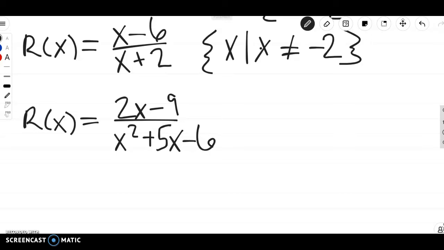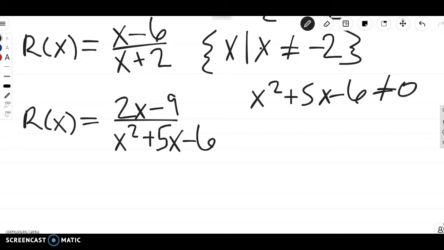If I have this rational expression and I want to find the domain, I would take our denominator, x squared plus 5x minus 6, and set it not equal to 0 and solve.